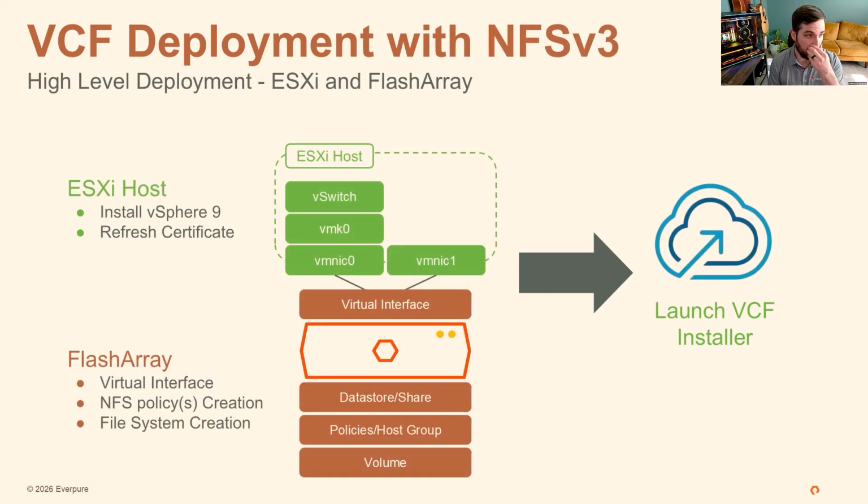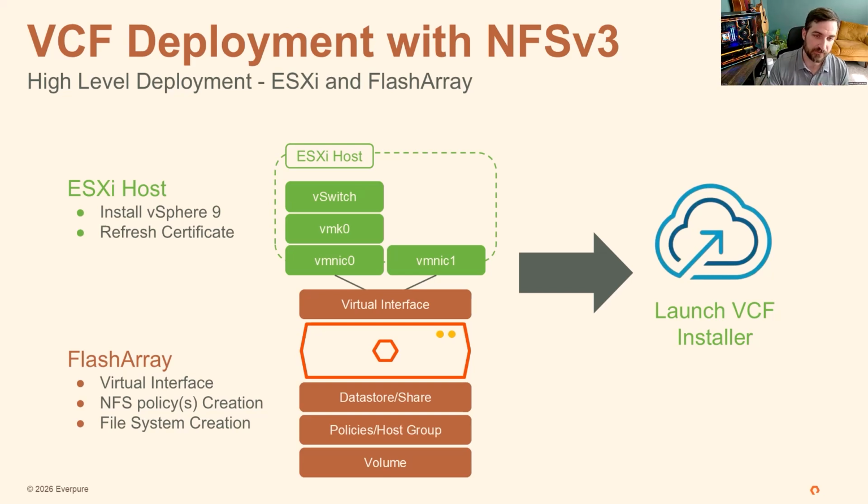Now, if you're an Ethernet shop, maybe you do iSCSI and that's your primary way of servicing storage workloads in your VMware environment. One thing you could do is just go ahead and deploy on NFS v3. So a similar process. You install vSphere 9, you refresh the certificate. You're going to have to do some things on the FlashArray, like make your VIF for your file server, and then you have an export policy, and you have to create that file system.